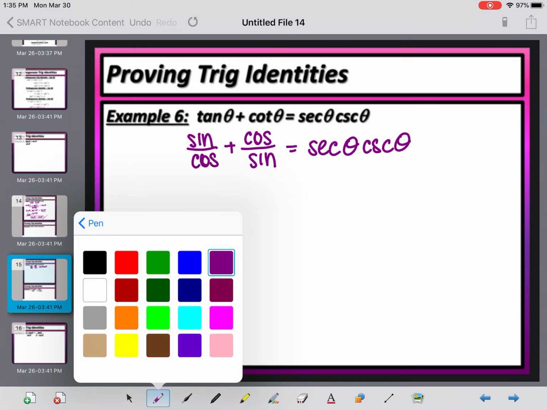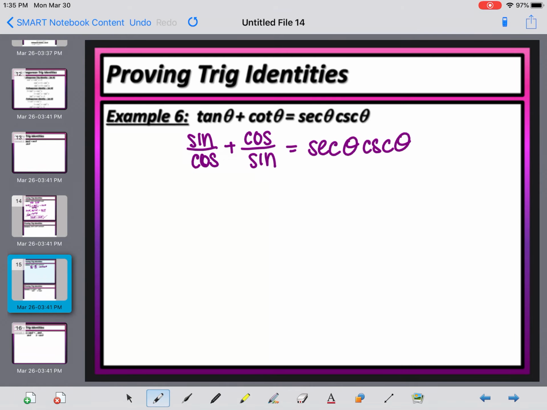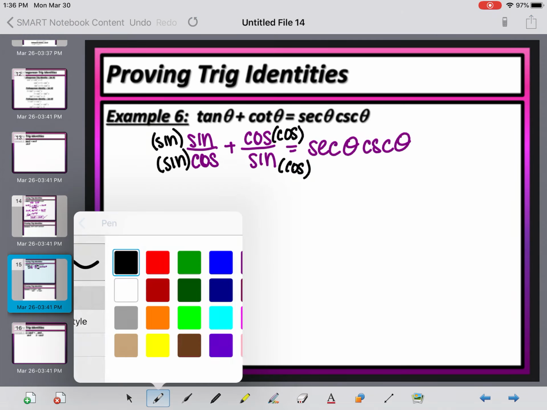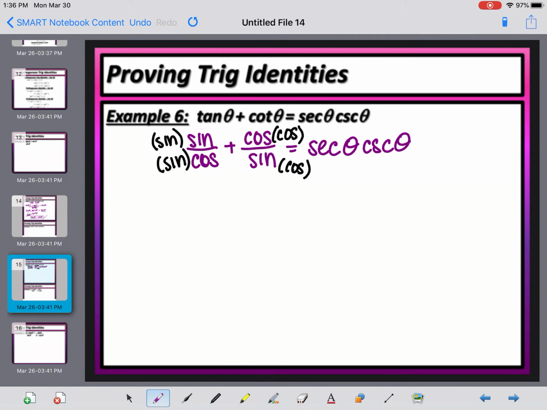Well, anytime you want to add two fractions together, you need a common denominator. So I'm going to multiply this first fraction top and bottom by a sine, and this second fraction by a cosine.